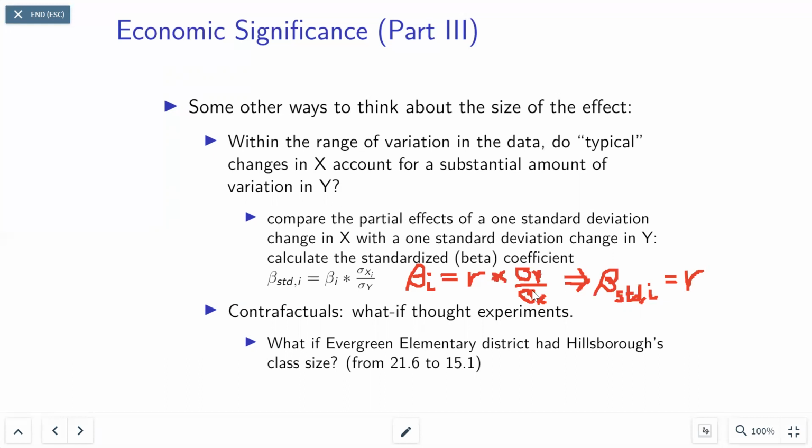And on the right-hand side, you reduce it to effectively the correlation coefficient R. This means that now you can use the standardized beta coefficient to gauge the effect of a one standard deviation change in X on Y, because the standardized beta coefficient is essentially the same as the correlation coefficient between X and Y.